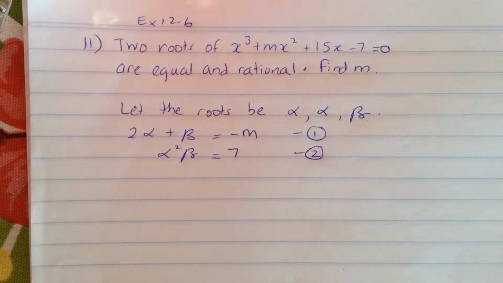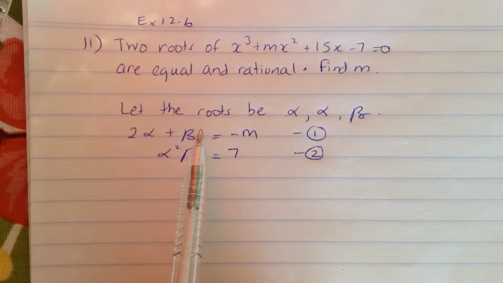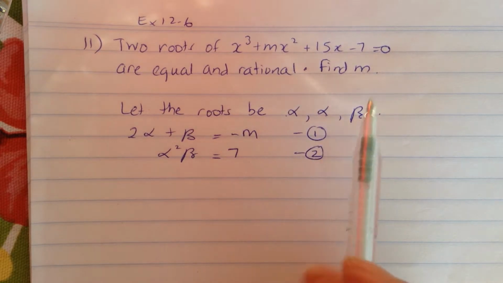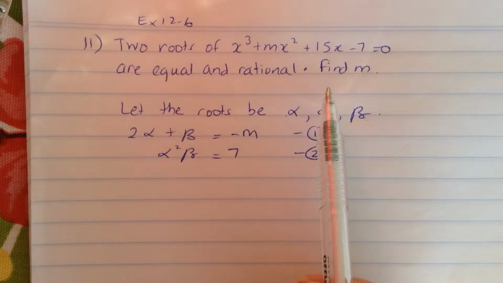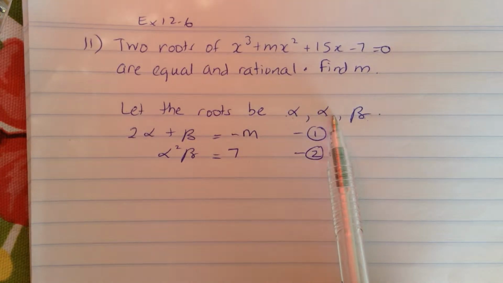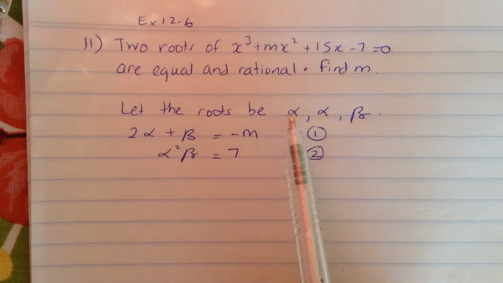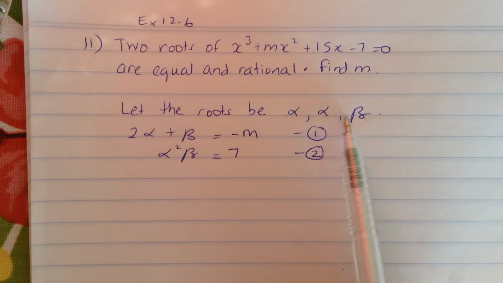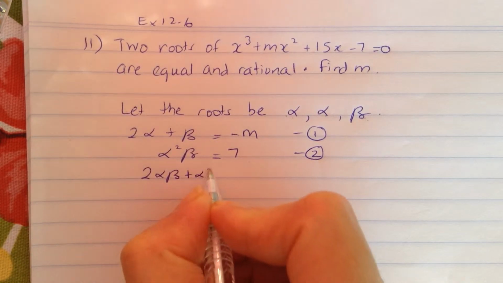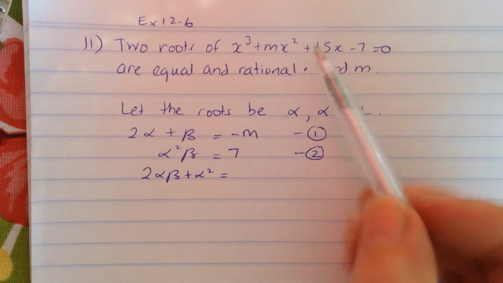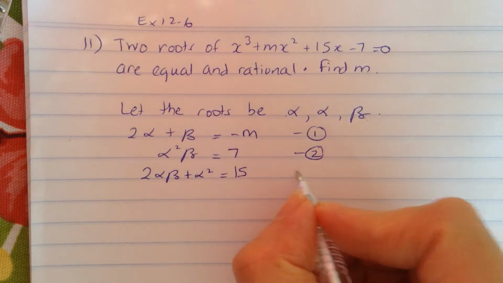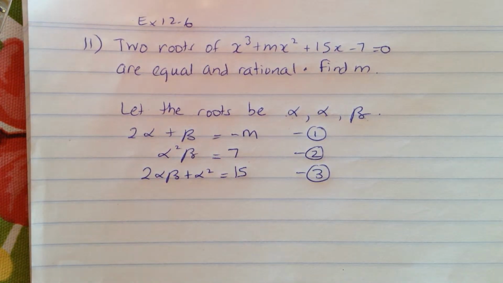Now the sum of the roots 2 at a time will be alpha squared plus alpha beta plus beta alpha. So that would be 2 alpha beta plus alpha squared equals, and remember that's c on a, so c is 15, a is 1, so it'll be 15 on 1, which is 15. That's number 3.